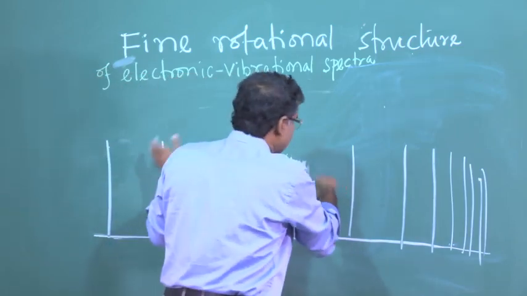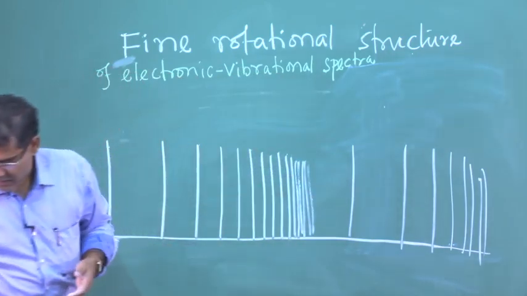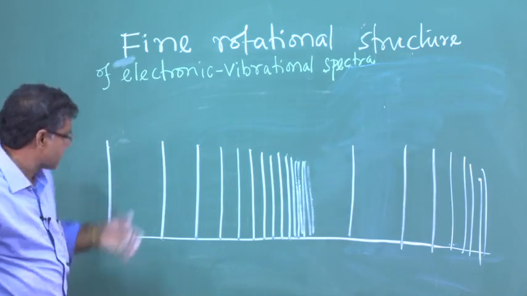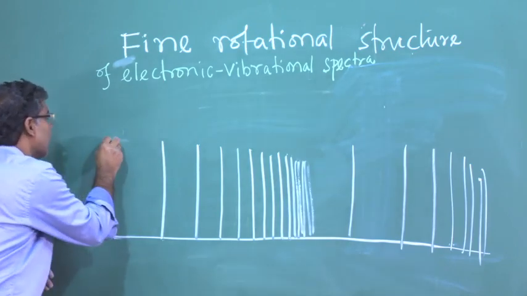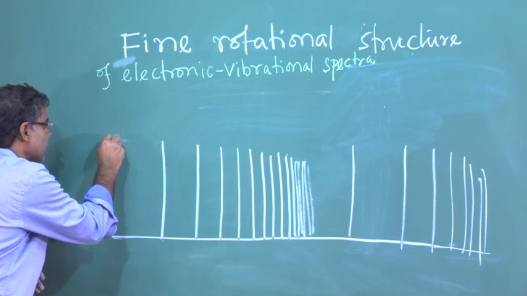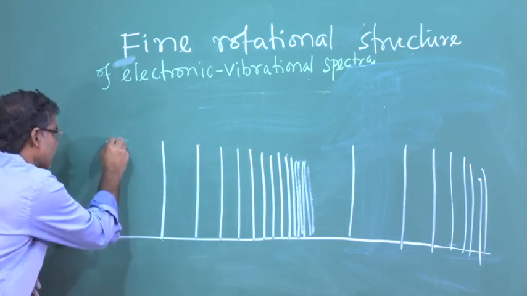So, this is basically the coarse structure, and each spectral line is not a single line. It is a broad line.